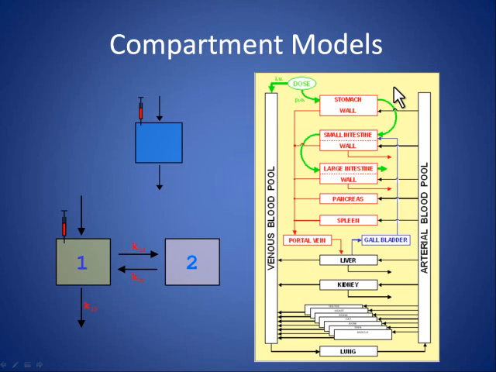An example of a physiologically based toxicokinetic model is shown on the right. Multiple compartments are shown which correspond to various organs having varied volumes, rate constants, and blood flow.